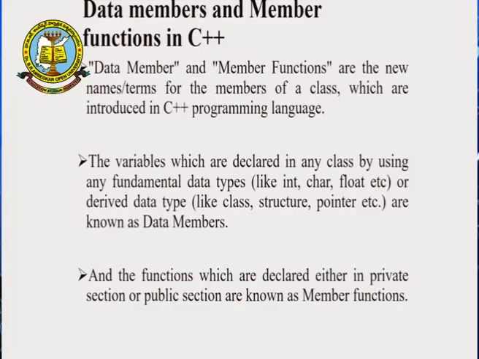Those data types are like integer, character, float, double. These are the basic data types in any programming language. Like that, in C++ also we have these data types. Using them you can declare the member variables in a particular class.